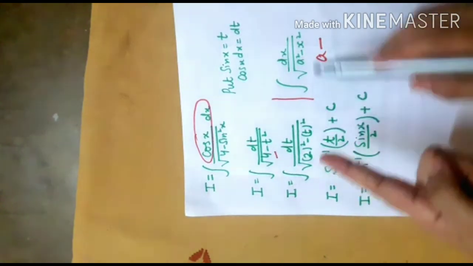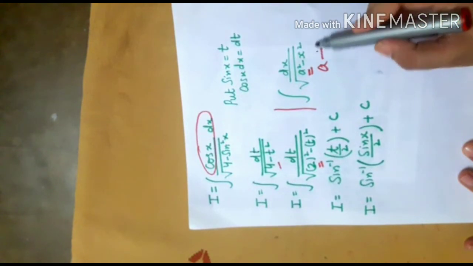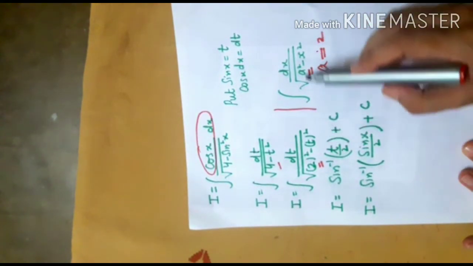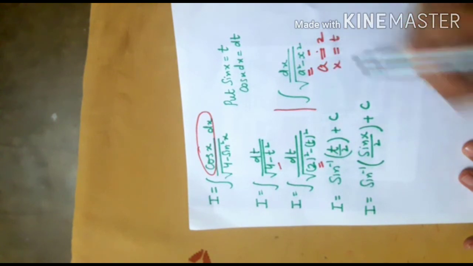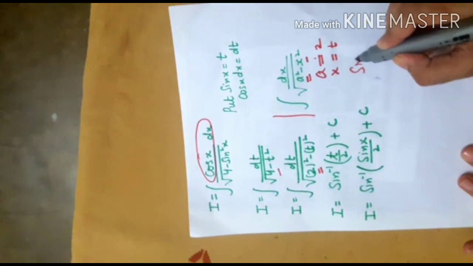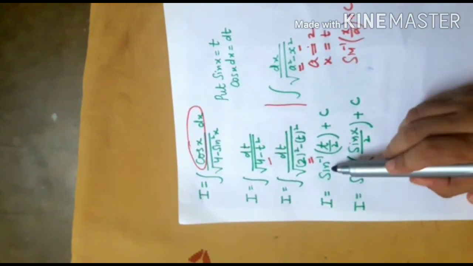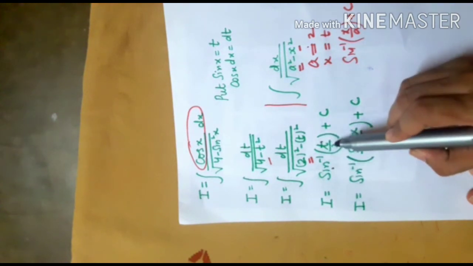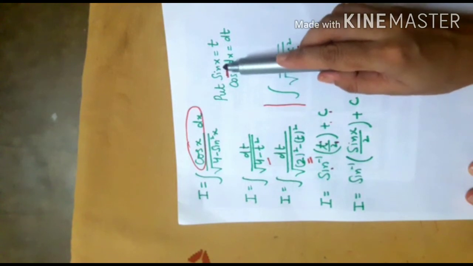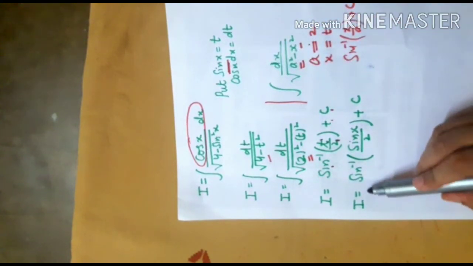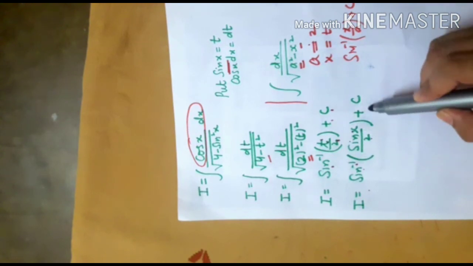Now this integral is of this form where role of a is being played by 2 and role of x is being played by t. Right? And value of the integral is sine inverse x by a plus c. So I'll get sine inverse t over 2 plus c. And what was t? It was sine x. So I'll get I equals sine inverse (sine x by 2) plus c.